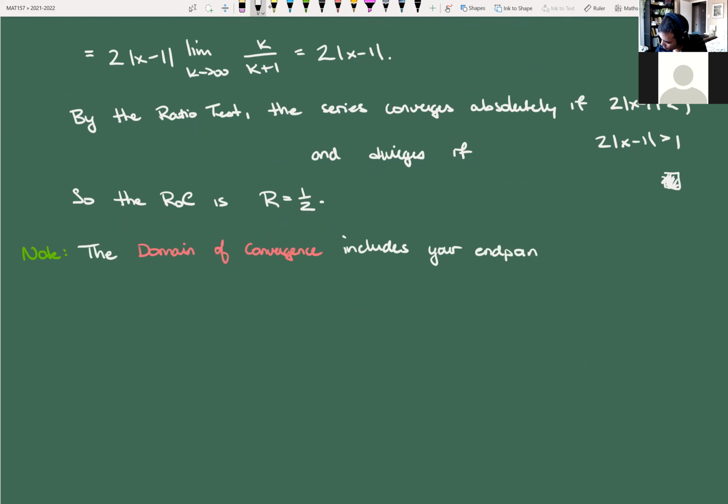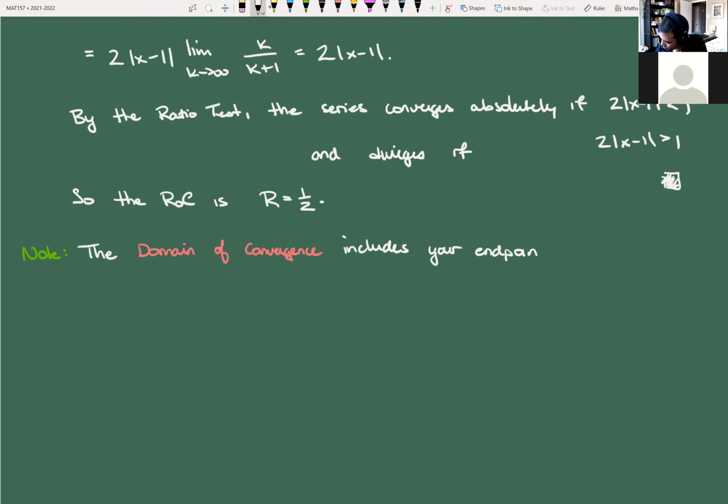But what you'll notice is that when you plug that in, if you plug 1/2 in there, you get -1/2, and if you plug 3/2 in there, you get +1/2. So that's really just the same thing as taking plus or minus this and replacing it into the x minus 1 term. Just save yourself a little bit of time. Think through why that's true. So instead of solving for what the actual x's are, you can just take x minus 1 to the k and replace it with plus or minus your radius of convergence.